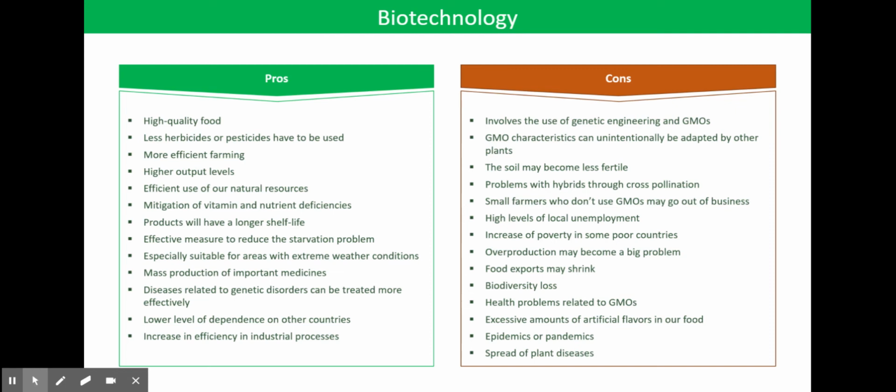The production processes are not climate dependent, so can take place anywhere in the world, providing, of course, there are the resources to build and run the suitable equipment. The microbes can be fed byproducts from other food industries, such as starch and wastewater, and they tend to have really short life cycles and produce really quite quickly. So lots of advantages of using microbes in biotechnology.